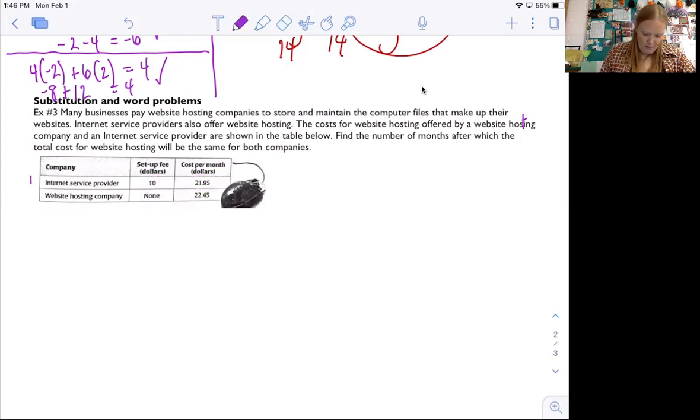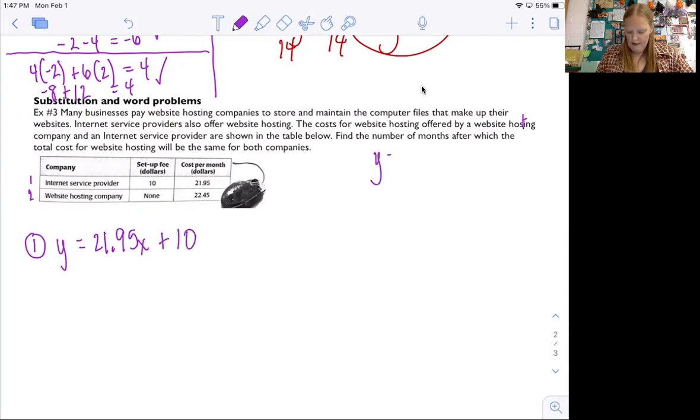I'm going to call this company 1 and this company 2. For company 1, the total cost y is equal to the $21.95 a month, that's my slope because it happens over and over, times x, plus the $10. So y is the total, x is the number of months.